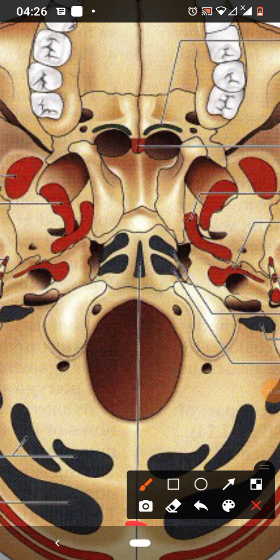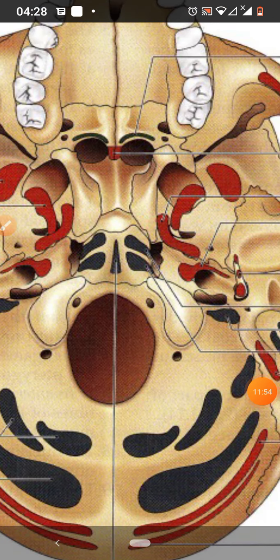The external occipital protuberance is present over here, and on the external occipital protuberance you have the attachment of the ligamentum nuchae.